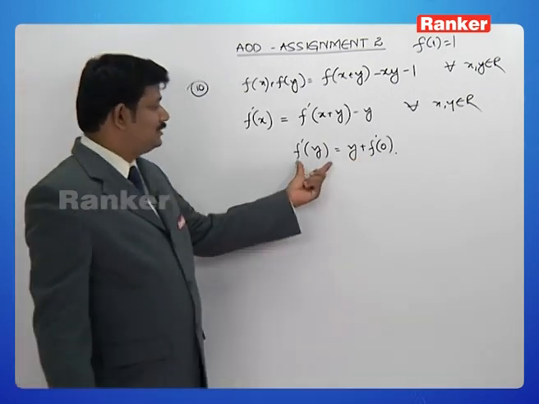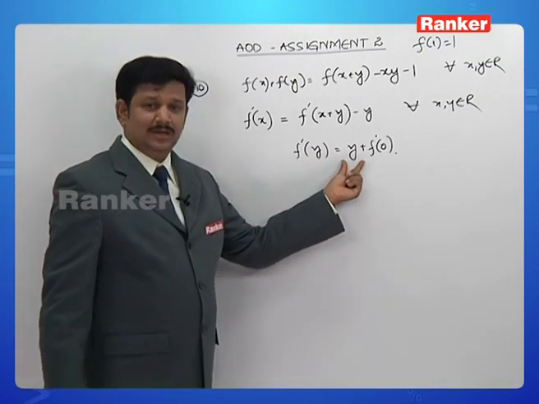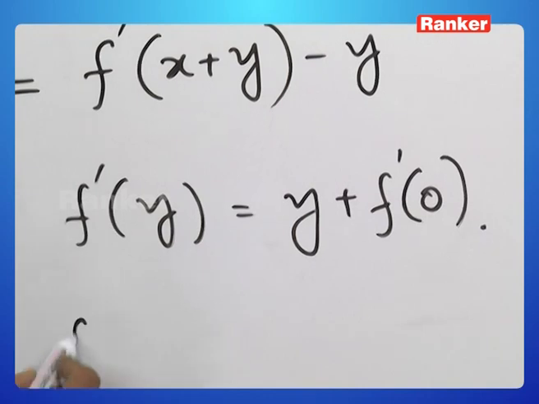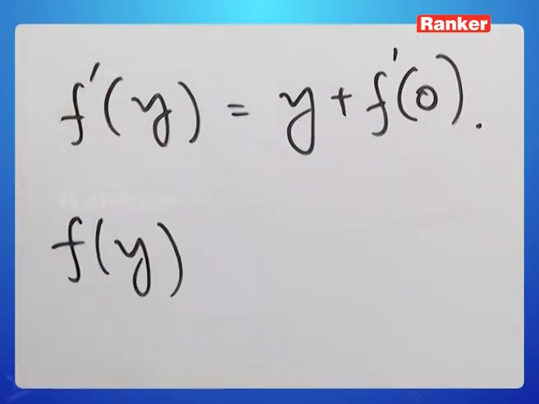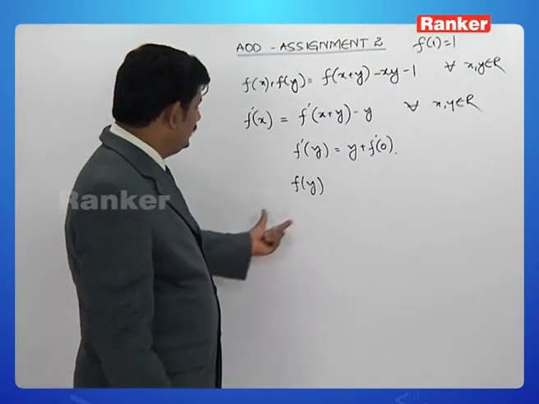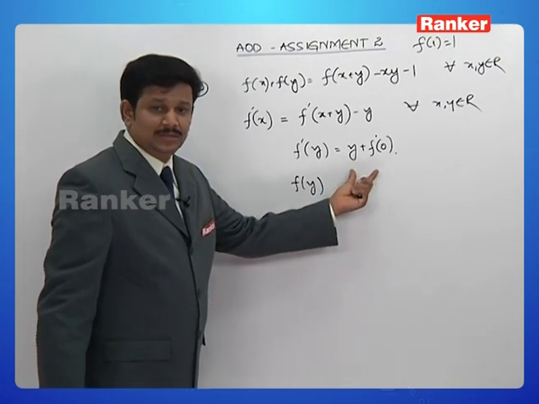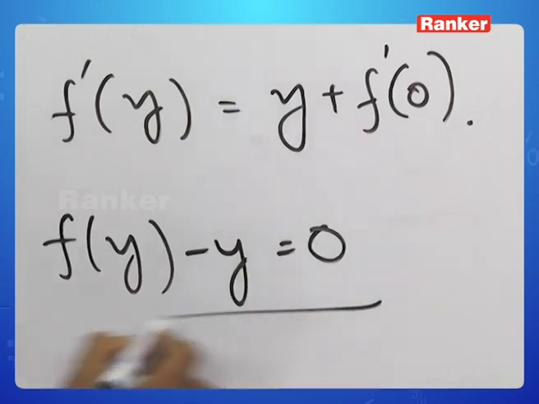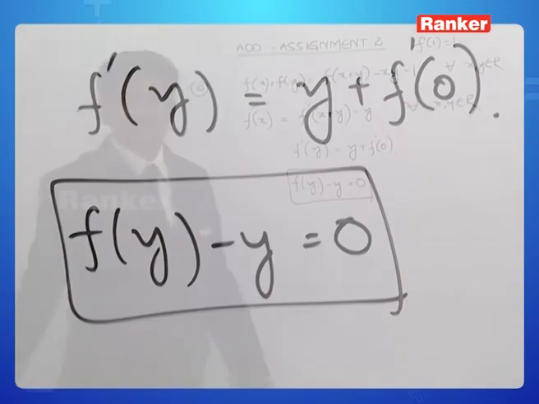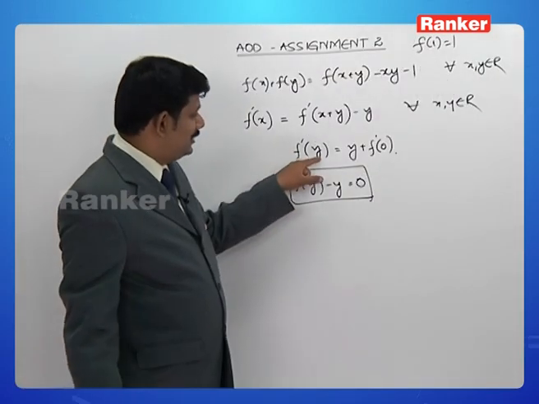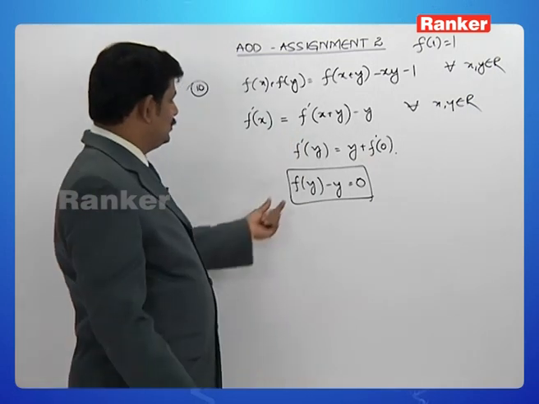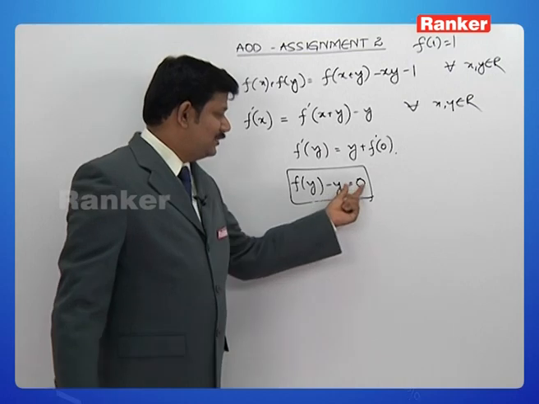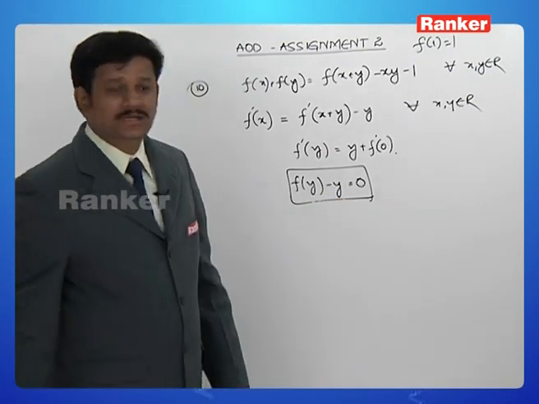So, f dash of y is linear. So, f of y is going to be a quadratic, and f of y minus y equal to 0 will be a quadratic equation.